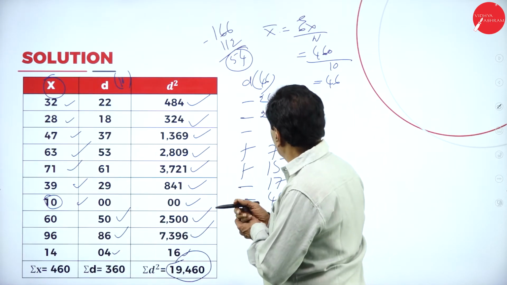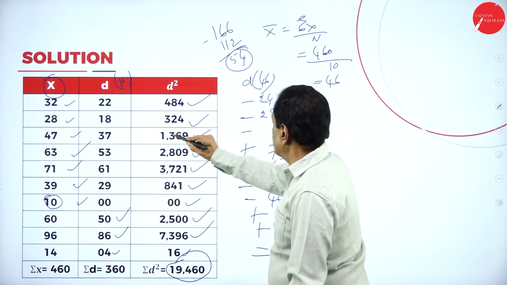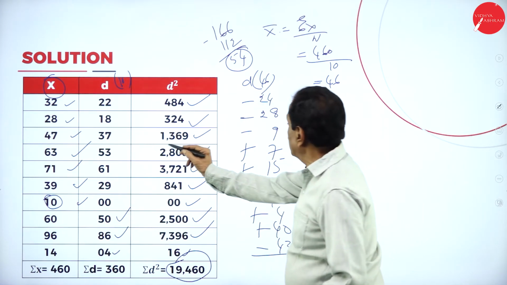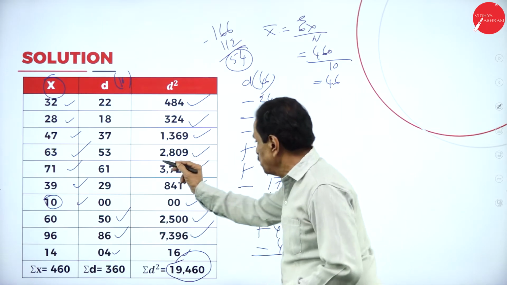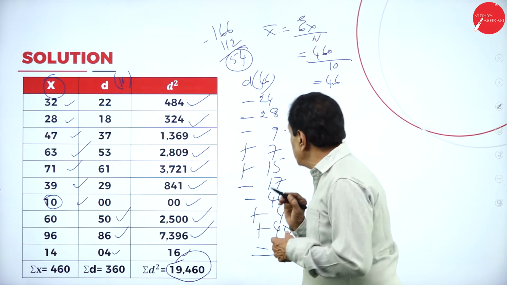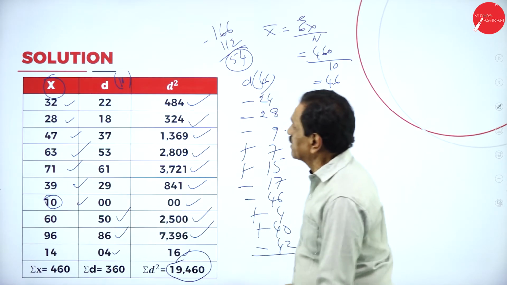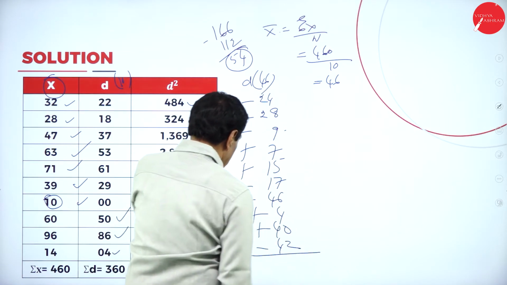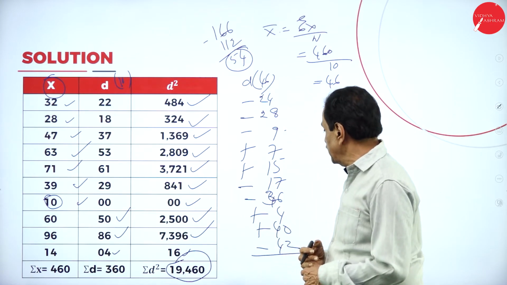Take the deviation from 46. How much has it come down? 24, 18, 28, minus 9, 37; 53 is plus 7, 61 plus 15, 29 minus 17, then 10 means minus 36.